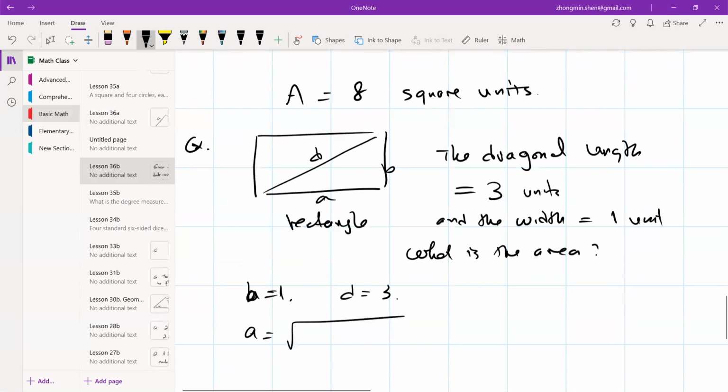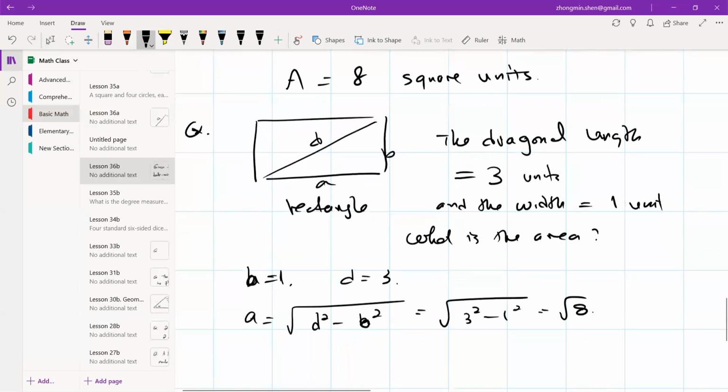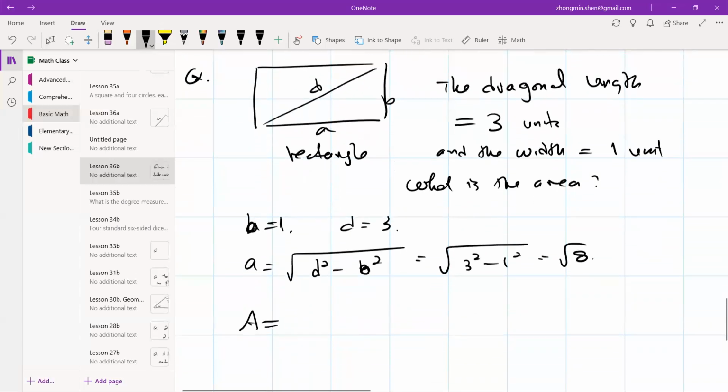According to the Pythagorean theorem, A is the square root of D squared minus B squared, which is 3 squared minus 1 squared, which is square root 8. Then the area is just A times B. It's 1 times square root 8. It's 2 square root 2. Yeah, square root 8 should be written as 2 times square root 2.